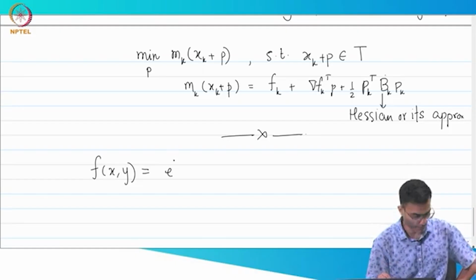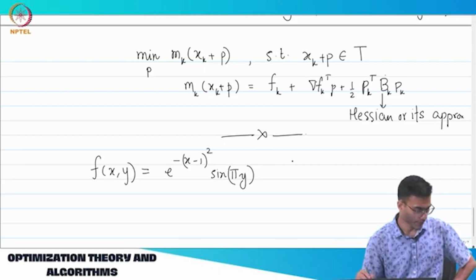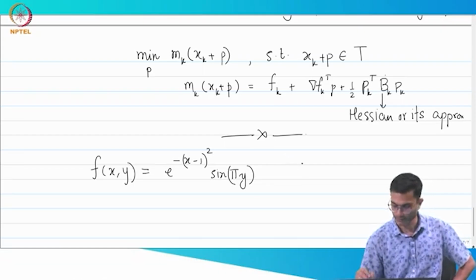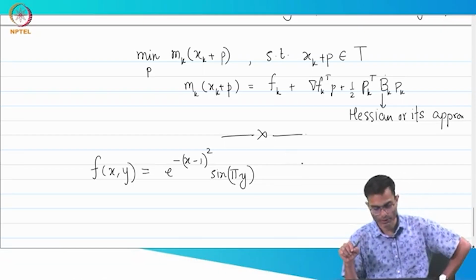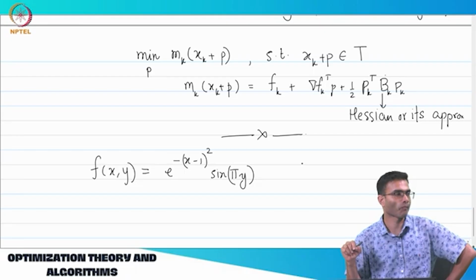So e to the minus (x minus 1) whole squared times sine pi y, okay. Does this function look periodic to you? It is periodic in which direction? It's periodic in y, right?